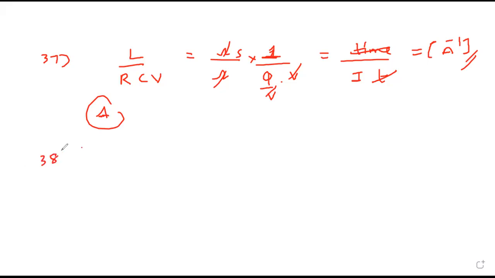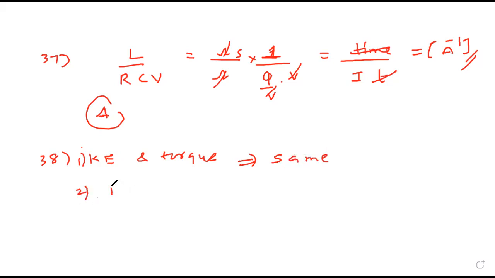38: Which of the following pairs have the same dimensional formula for both quantities? Kinetic energy and torque, same hai na? Energy is force into displacement, ye bhi force into displacement, toh same hai na dono ka.